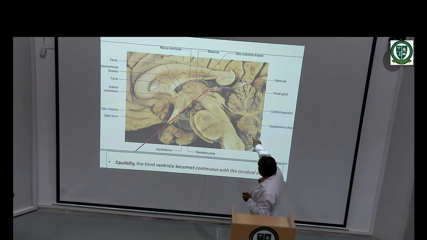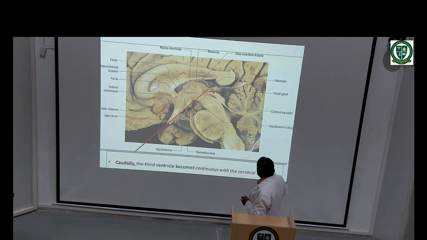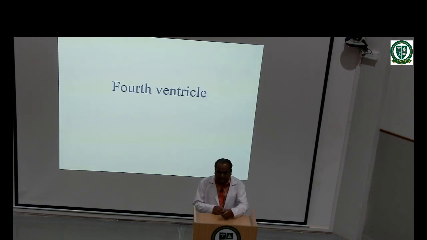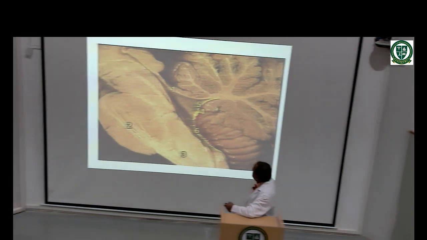This is called, as we already studied, the cerebral aqueduct, or aqueduct of Sylvius. So this is about the third ventricle, its boundaries, shape and communications. Next we'll move on to the fourth ventricle.